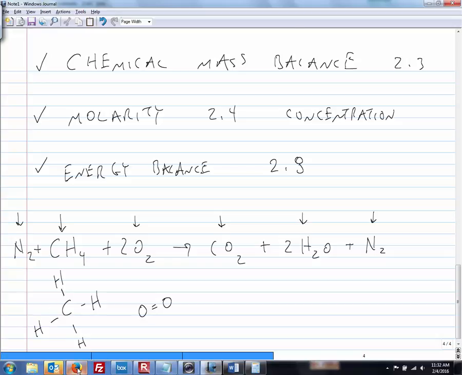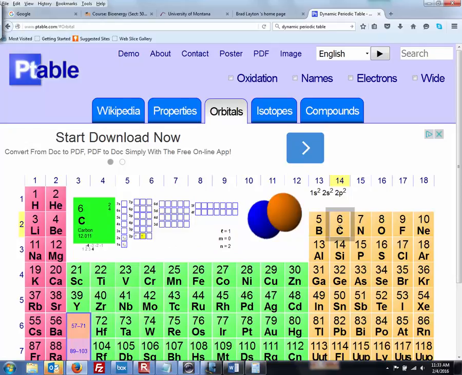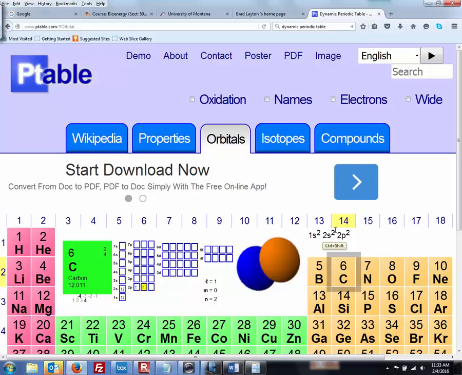Carbon, let's go back to our periodic table. Carbon is sitting right here. I'm going to go up to the orbitals, and if you look really carefully, and maybe if I make this a little bit bigger, Control Shift Plus. If you look carefully, right here at the 2p orbital.